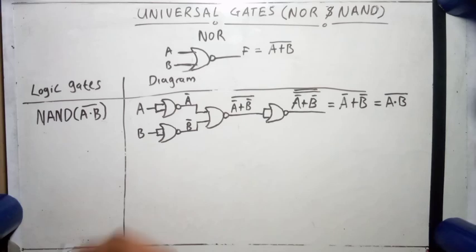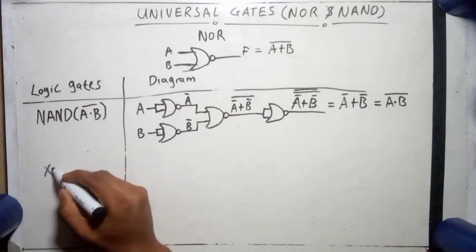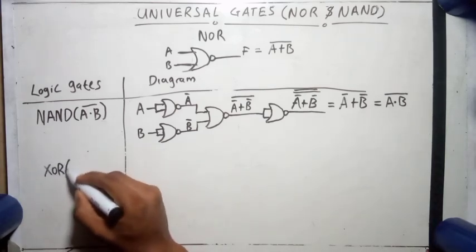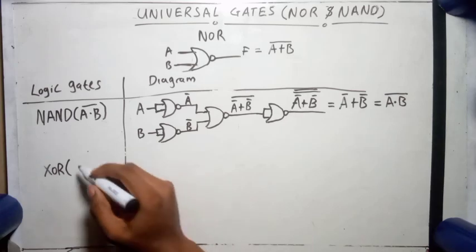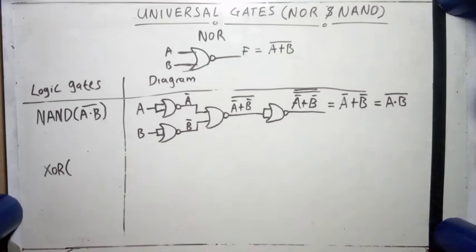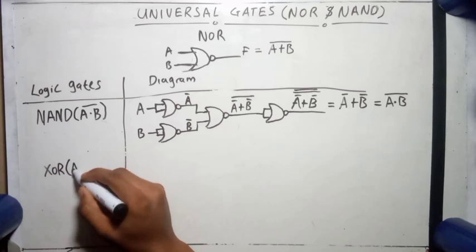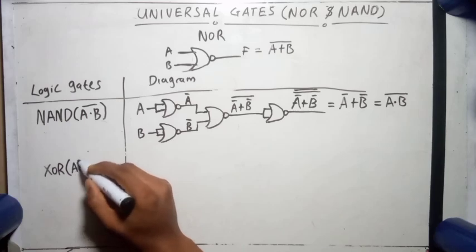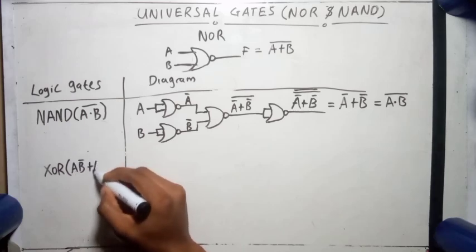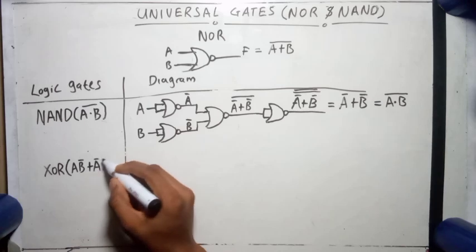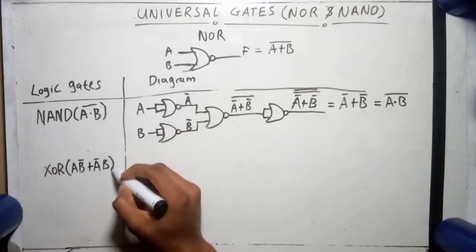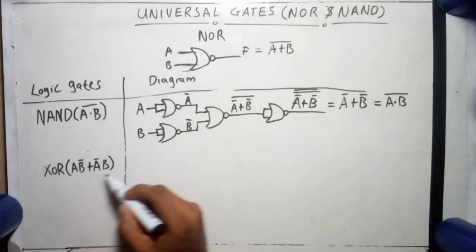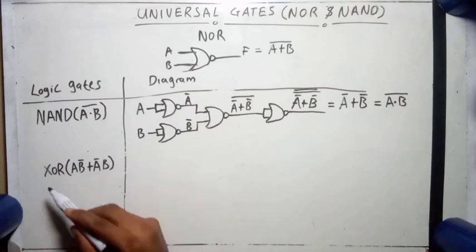So now let's go over to that of our XOR. Our XOR, we know that its representation is A B bar plus A bar B. This is the logic expression for your XOR.